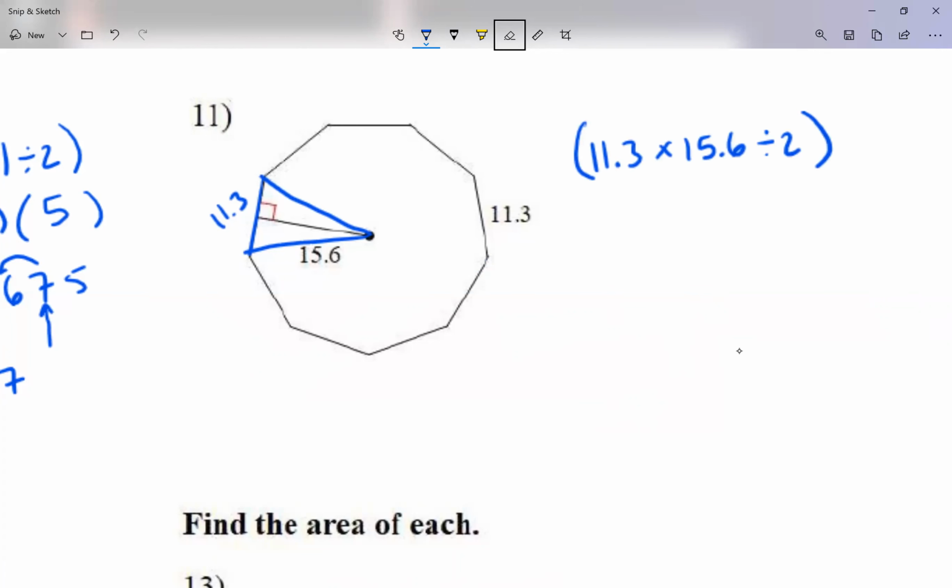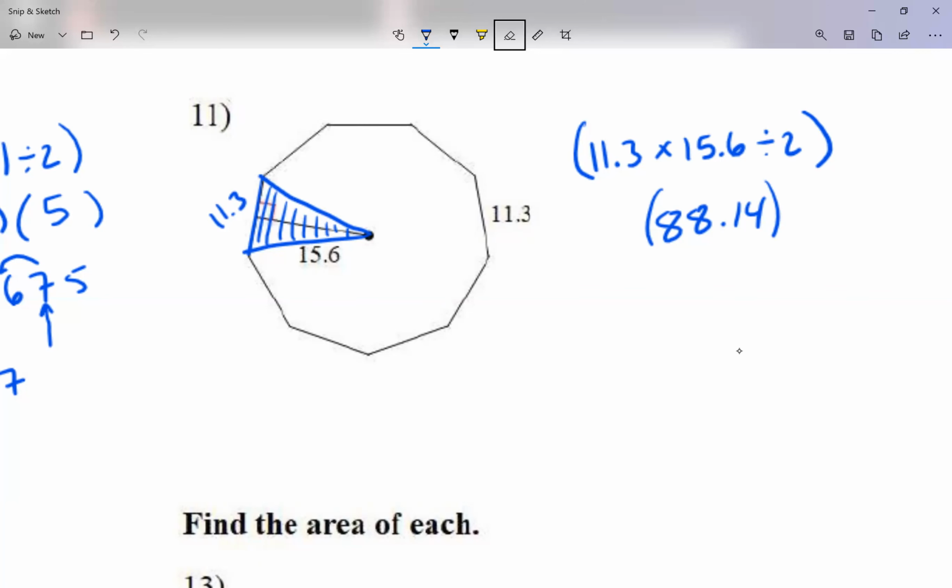All right, we know how to get the area of a triangle. According to my calculator, I get 88.14. That is just this one triangle. I'm going to multiply this by how many sides the polygon has.